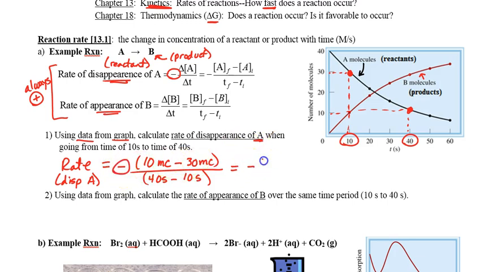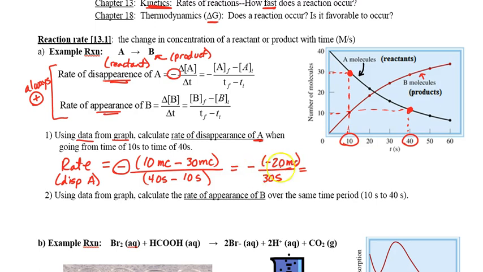So if you simplify that, obviously, we're going to keep that negative. So negative 20 molecules are going to be lost, right, over that time, over our 30 seconds that are going by. When you divide that out, that is going to give us a positive, oh, see, and I already did it wrong. Let me fix. 10 minus 30 gives us negative 20 molecules.